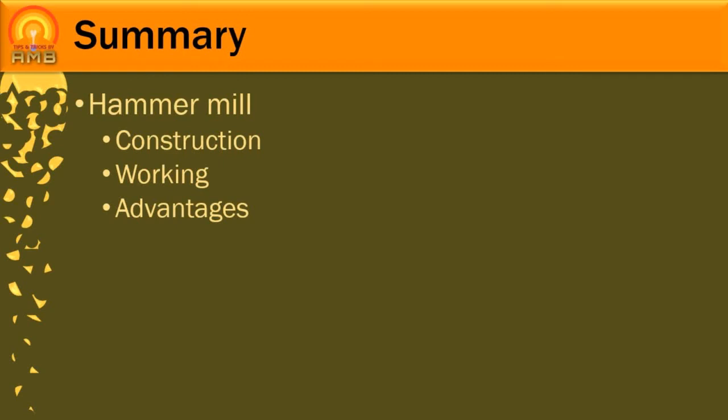We also discussed that heat generation, feed rate control and damage by metal or stones in feed are disadvantages of hammer mill. Finally, we had discussed applications of hammer mill.